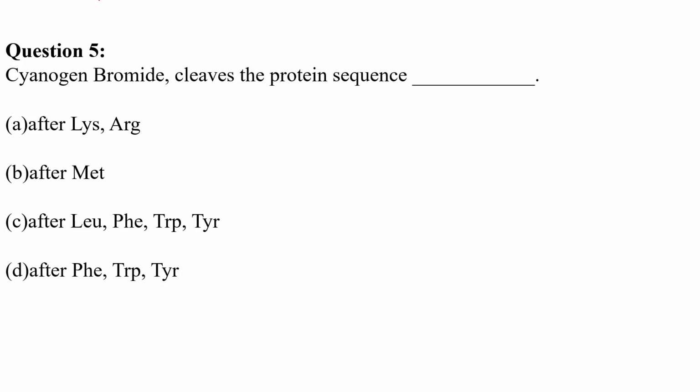So cyanogen bromide is a chemical that can cleave the protein sequence after methionine residues.